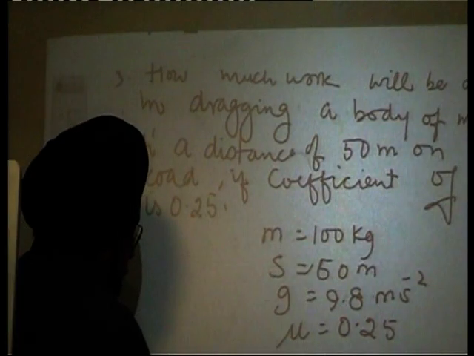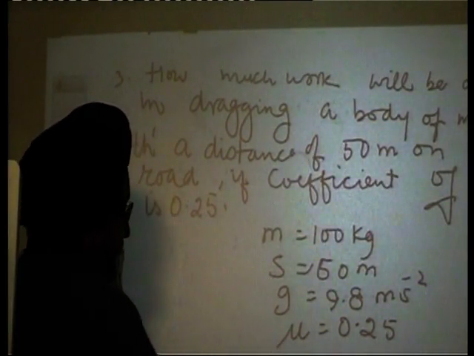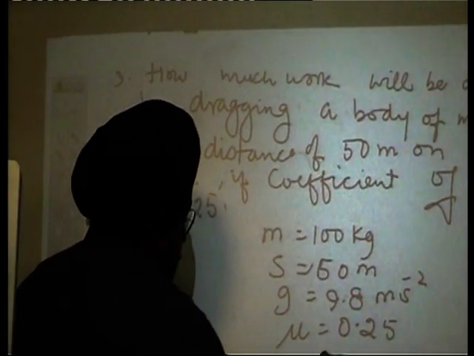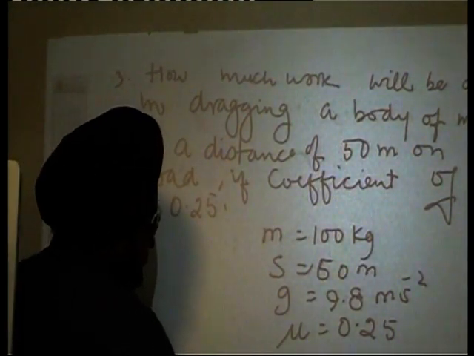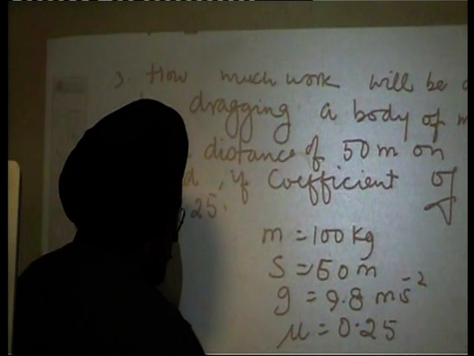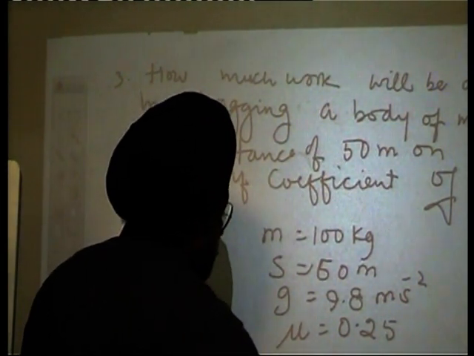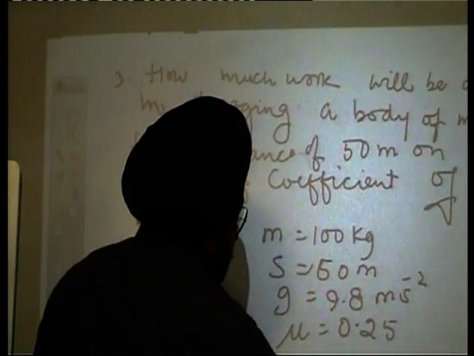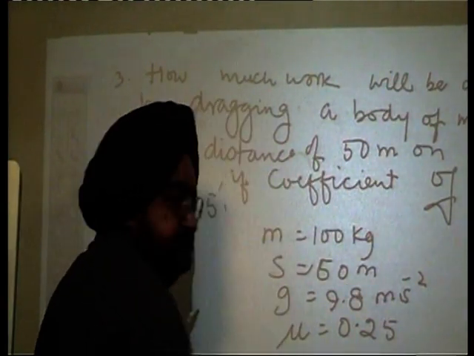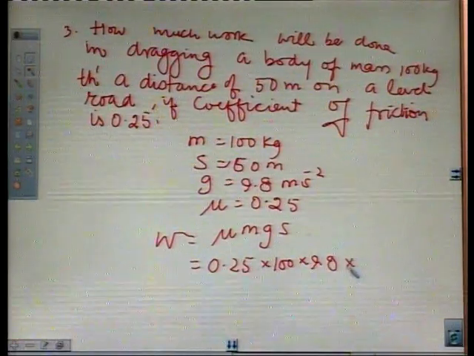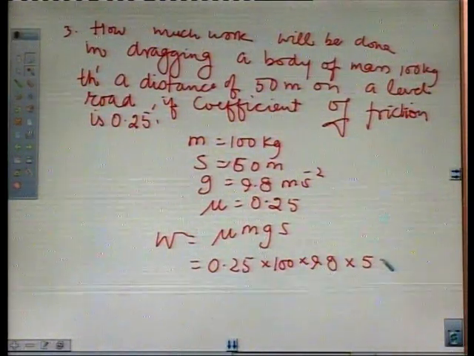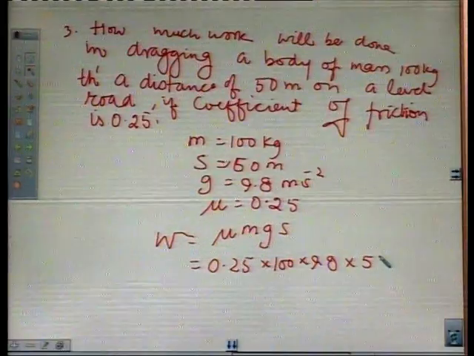Now, work done, we derived this relation, is equal to mu m g into s. Mu is 0.25, m is 100, g is 9.8 and the distance through which it is to be moved is 50 meters.